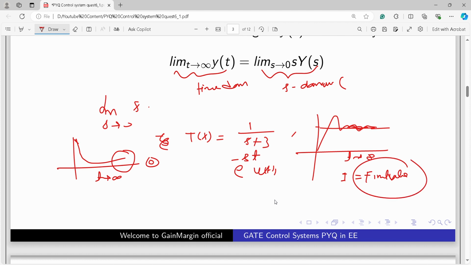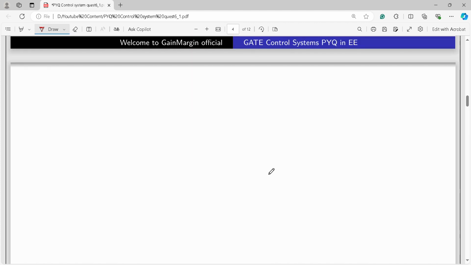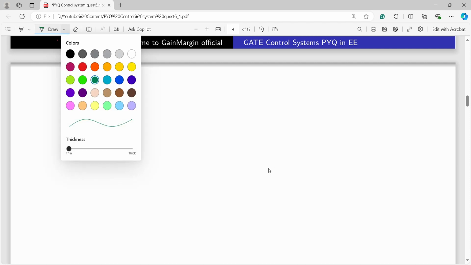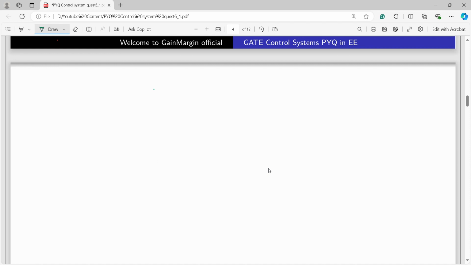And if your function is behaving in an oscillatory way, the final value cannot be defined because the system oscillates. So here the final value does not exist.